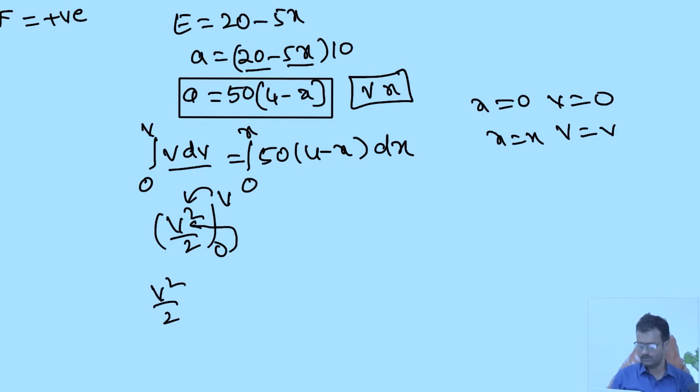Substitute 0 in place of V, that is 0 square by 2. So this is final minus initial, that is the change. So 0 square by 2 is nothing but 0. So this is V square by 2.